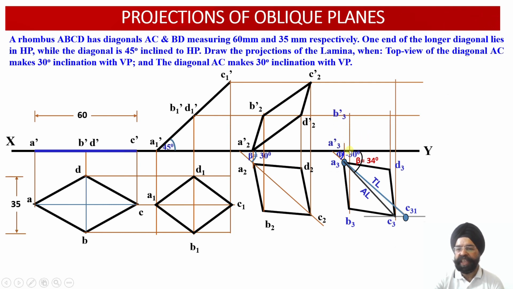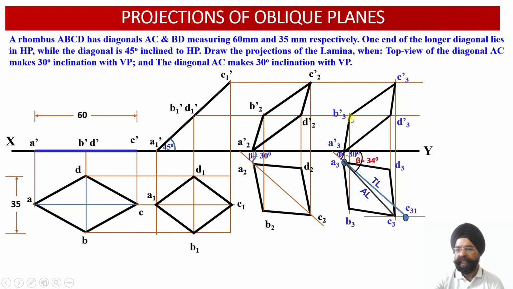Wherever these locus lines intersect, we obtain the points A3 dash, B3 dash, C3 dash, and D3 dash. Having obtained these points, we join them. Once you join these points, you will see that this figure is marginally bigger than this one because the angle is increasing, so obviously there will be a minor change in the shape. Otherwise, the rest of the things remain the same.